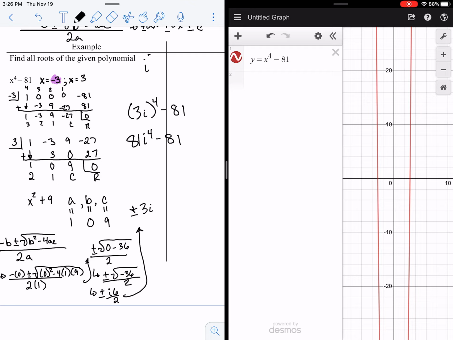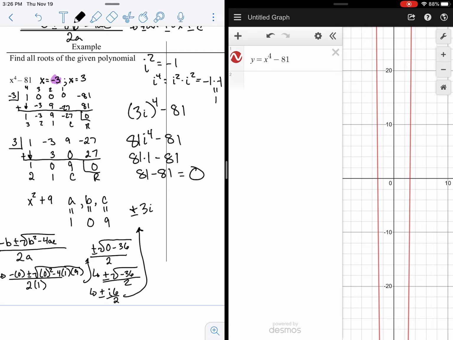The rule is i squared equals negative 1. So I have i to the fourth, which is equal to i squared times i squared, which is equal to negative 1 times negative 1. Negative 1 times negative 1 is really equal to 1. So 81 times 1 minus 81, well, it's 81 minus 81, and that is equal to 0.